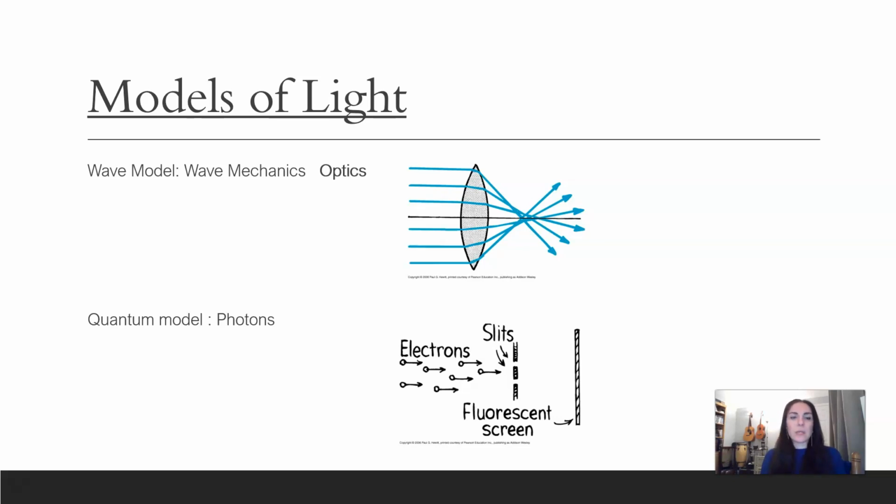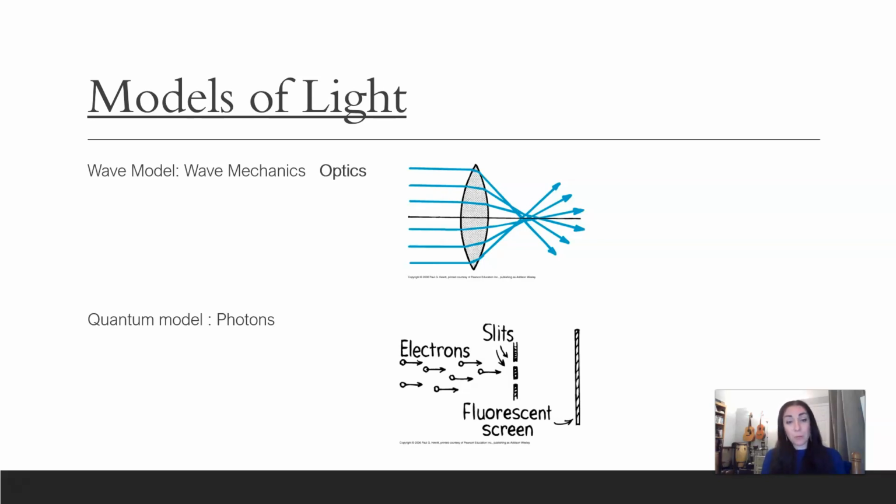Light can behave as a wave, and there are experiments that prove that it exists as a wave. One of them is the Huygens principle and Young's double slit experiment. But then there are other experiments to show that light actually acts like a particle, in other words, a physical matter that can push and interact with each other, which we model as photons, so little balls of light.